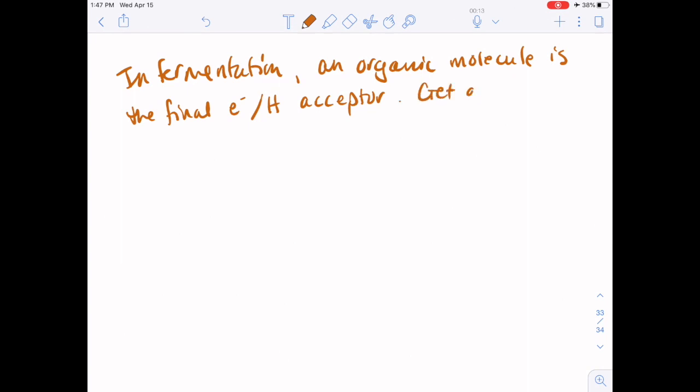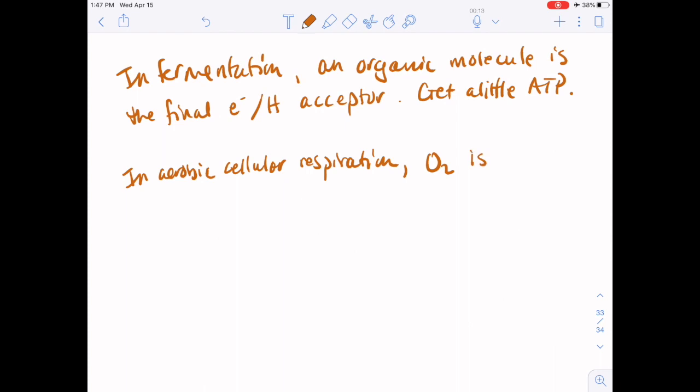You get a little ATP from it. That's enough to keep a yeast cell or a bacterial cell going, but it's not enough to keep a human cell going. So in aerobic cellular respiration, O2 is the final electron or hydrogen acceptor.